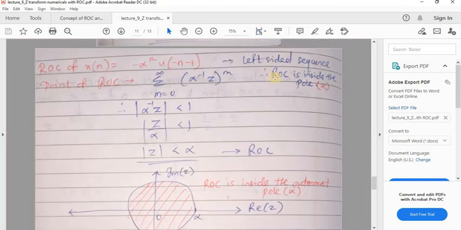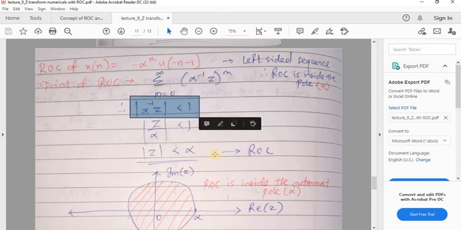This is a left-handed sequence. As in the right-handed sequence, ROC is outside the pole, in the left-handed sequence we have to do the opposite. ROC is inside the pole alpha. The condition for ROC, sorry, the point for ROC is this. This should be less than 1. Here I have drawn it.